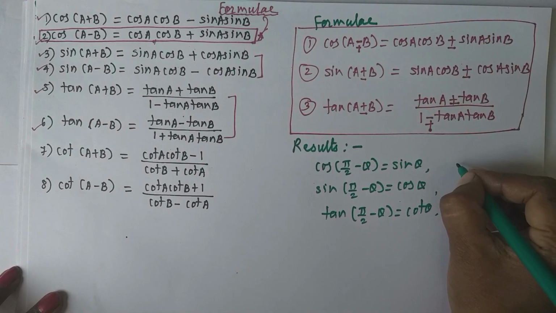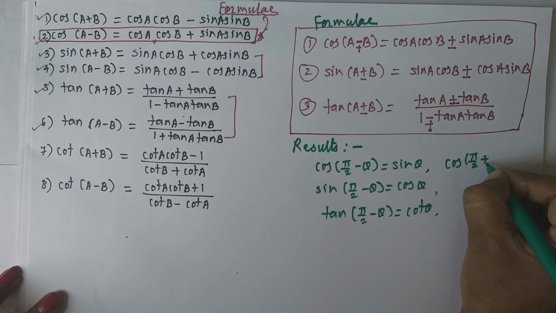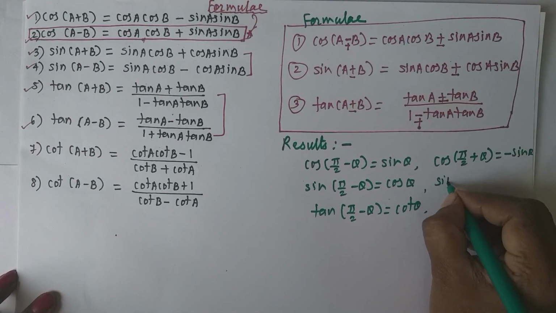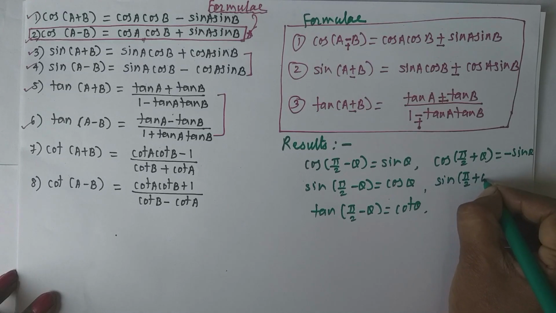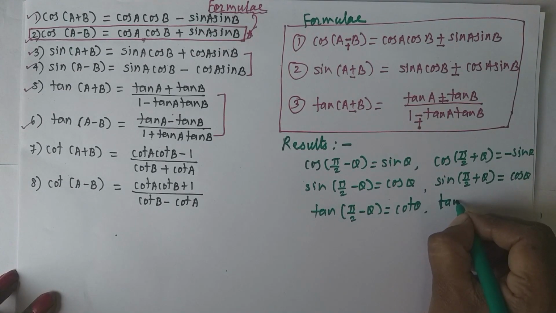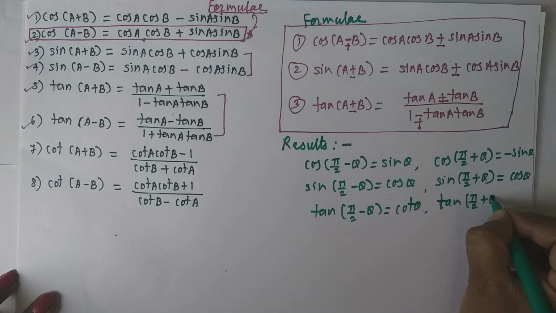Again we have derived cos(π/2 + θ) is −sin θ, sin(π/2 + θ) is cos θ, and tan(π/2 + θ) is −cot θ.